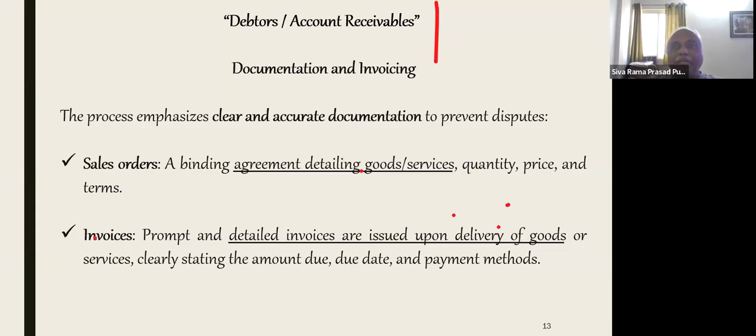Once the goods are supplied, before that the bill of exchange is to be signed by the buyer. The bill of exchange is a stamped one, and the invoice also. The invoice is to be sent, and acknowledged that the goods are received intact and without any damage.